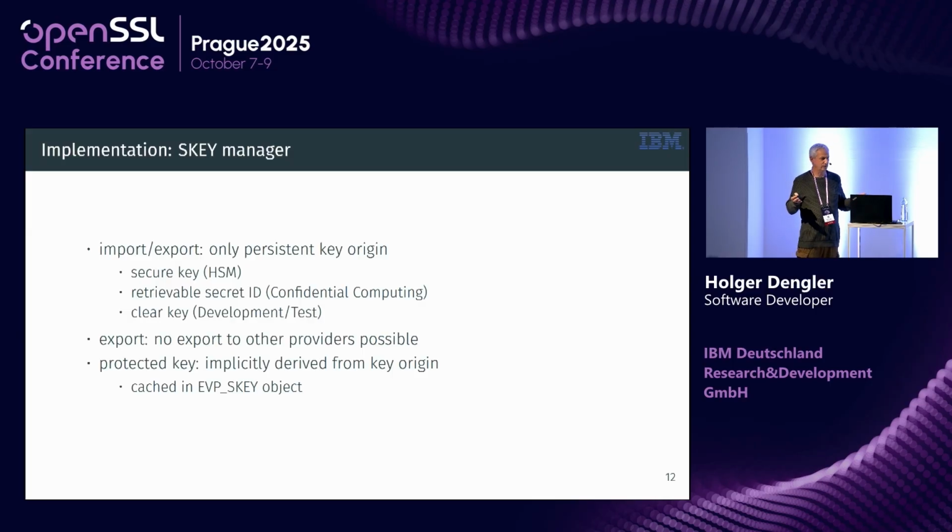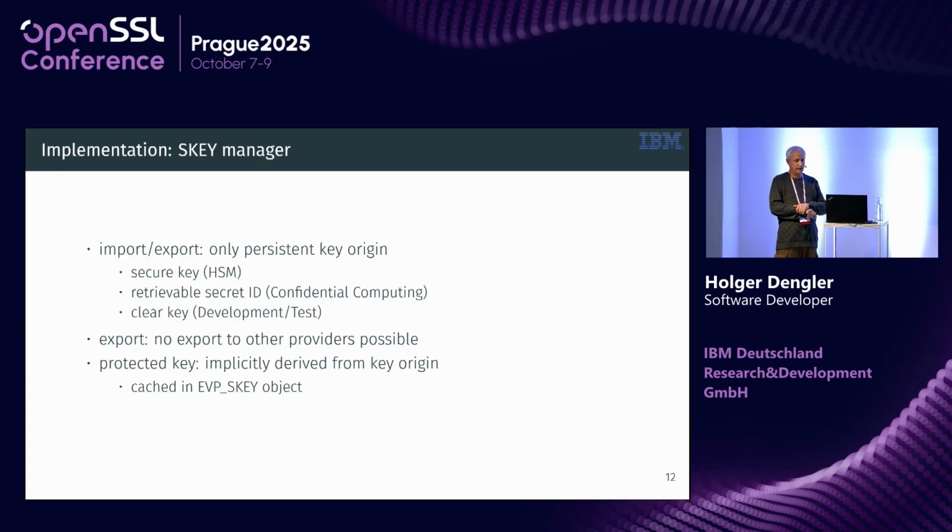We don't have it, so we cannot export it. And the protected key is also not part of the export, because it's volatile data, so it doesn't make any sense to export that.